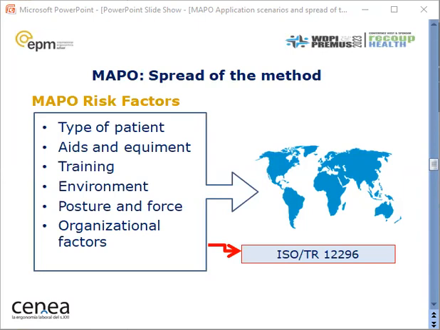For this reason, they are included in the ISO technical report as well. And so this makes it possible that the MAPO method can be applied in any hospital or nursing home where these tasks are carried out.